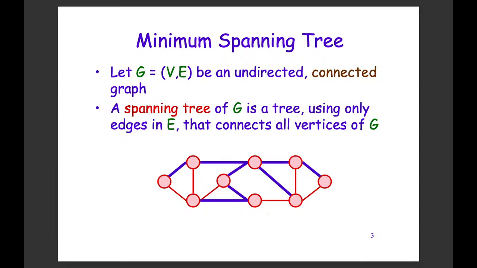In such a case, we can remove as many edges as we want, keeping only the relevant edges to make the graph connected. Then in that case, it must be a tree. So in this scenario, the blue edges form a spanning tree.